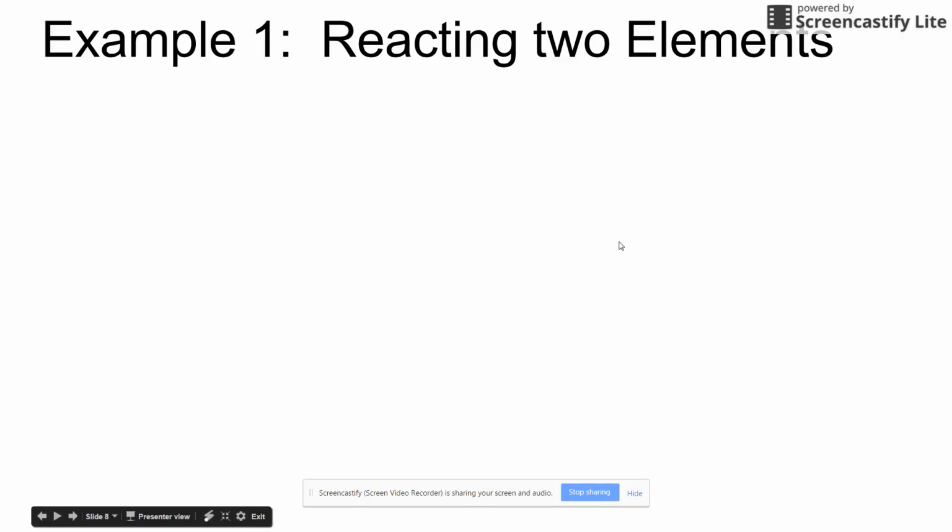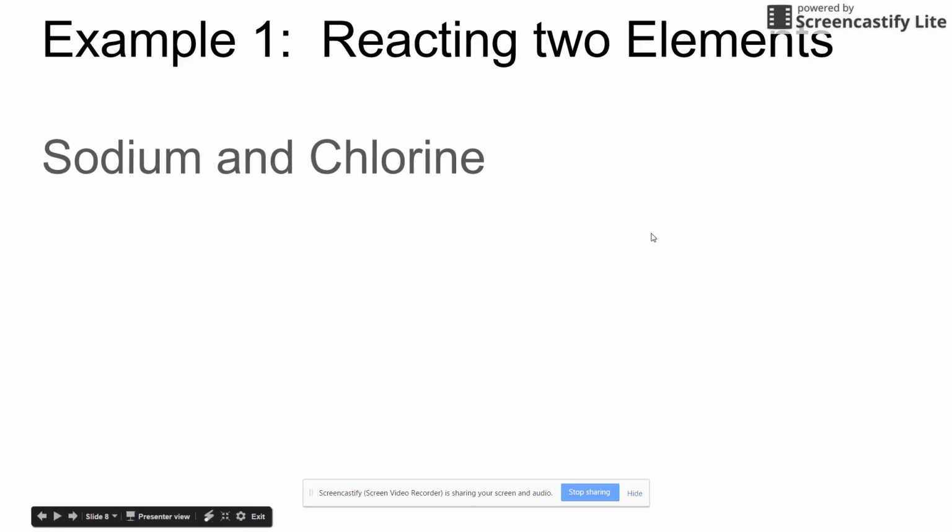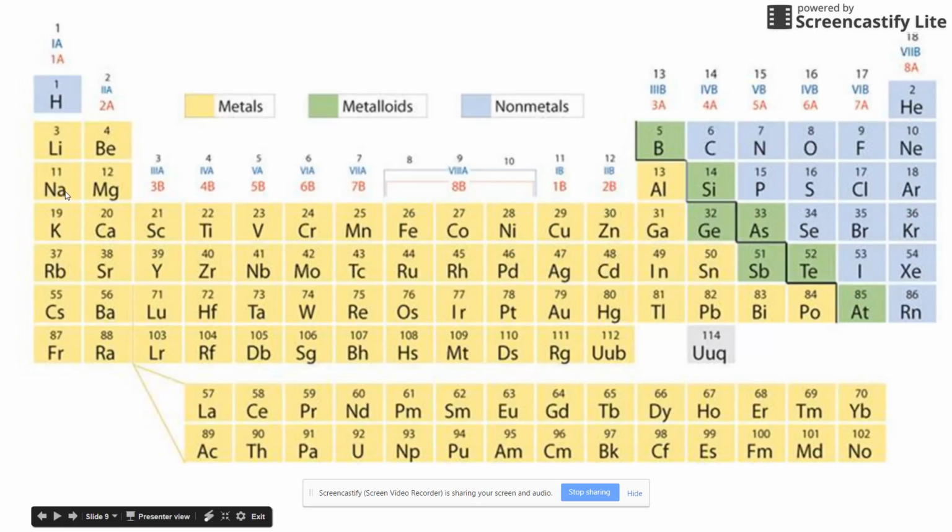So example number 1, we're going to take 2 elements and react them to create an ionic compound: sodium and chlorine. What you have to do is locate both of these on the periodic table. You find that sodium is in group 1, chlorine is in group 17.